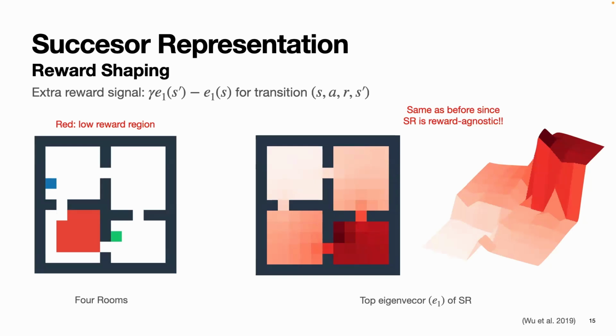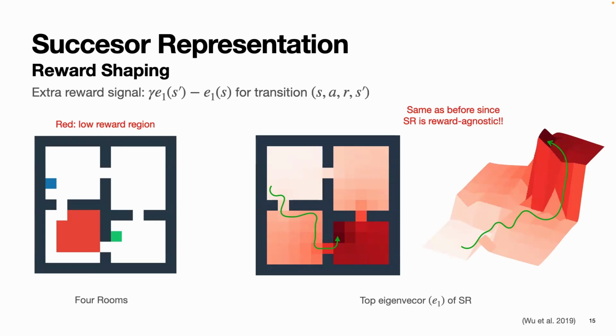And if we look at the direction that would give the agent the maximum reward bonus from this extra reward signal, the direction is actually this, which goes through the bottom left room and through the low reward region. So when we try to use this eigenvector for reward shaping, we're encouraging the agent to do something suboptimal because of the low reward.